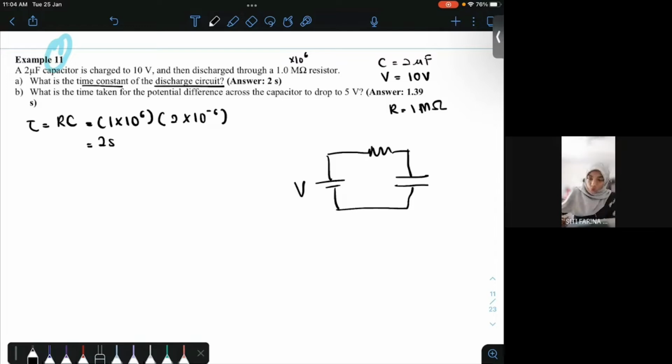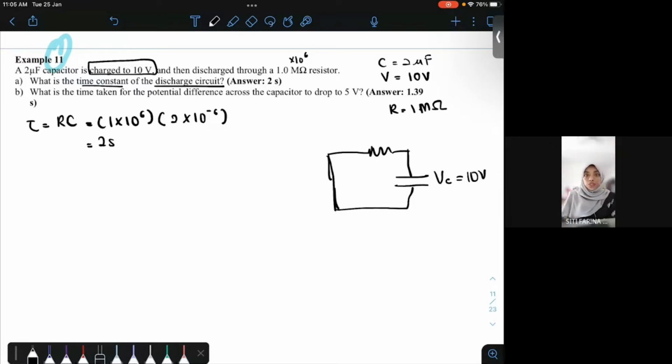This is voltage across the supply, voltage across the capacitor. Okay, capacitor initially 0, you charge to 10 volt. Okay, kita dah charge dia bagi 10 volt. And then you discharge. Discharge, you remove the battery. Now, no longer battery there in the circuit.